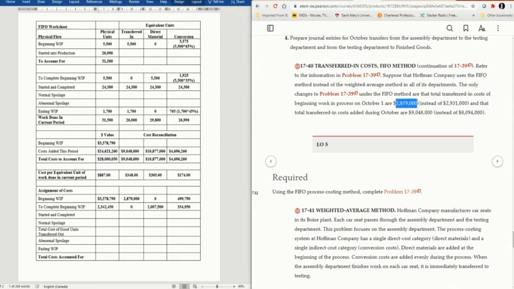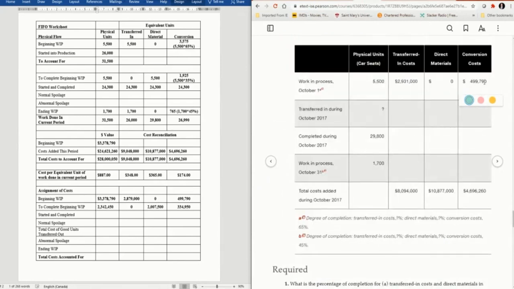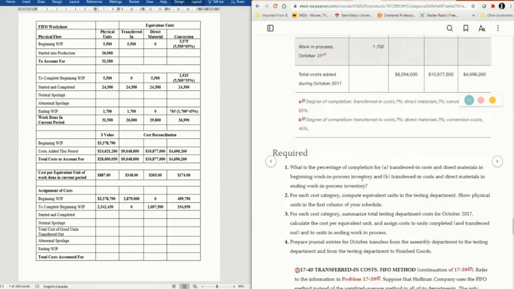This 2879 plus the 499,790. And so that's where my beginning work in process came from. What did I need to do to finish them off? I didn't have to add any more of the mechanics. I did have to add all of the cushions, and I had to add a significant proportion of the conversion cost to finish them off.